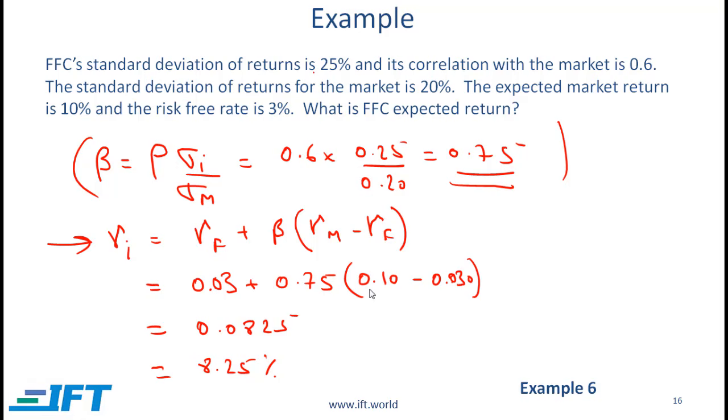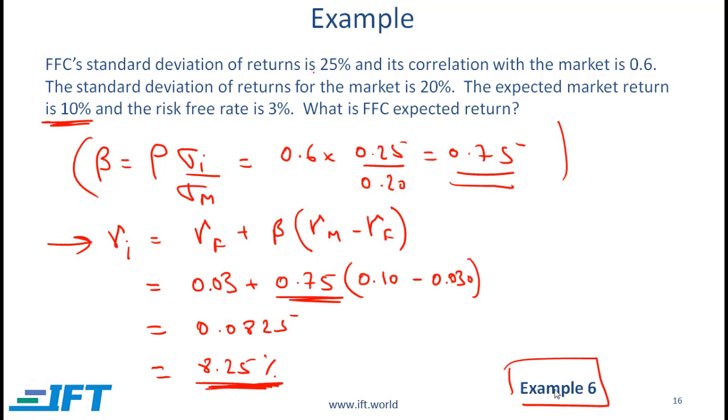Simply plug in the numbers given and arrive at the required return. Notice that the required return is less than the market return of 10%, and that is because of the relatively low beta. Beta is less than 1, which means that the expected return is going to be less than the market return.